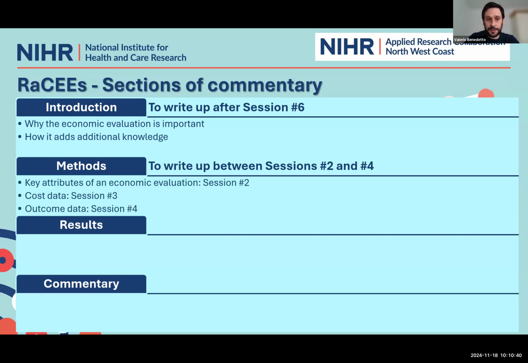In particular, we will need information about the key attributes of an economic evaluation, which is covered by today's session, the cost data, which is covered by the next session, and the outcome data, which is covered by session 4. Same thing for the results. So we will need to extract some information from the papers, particularly related to the main analysis and any sensitivity analysis. And that will be done after session 5.